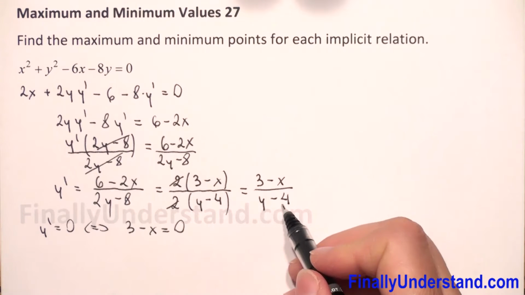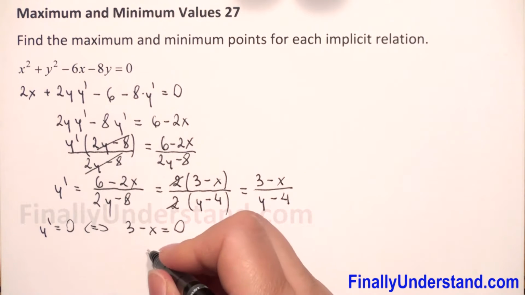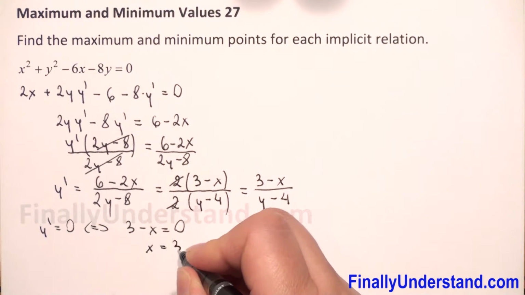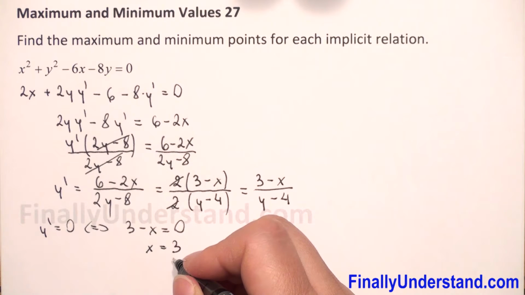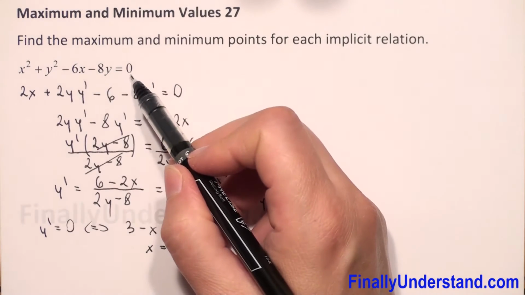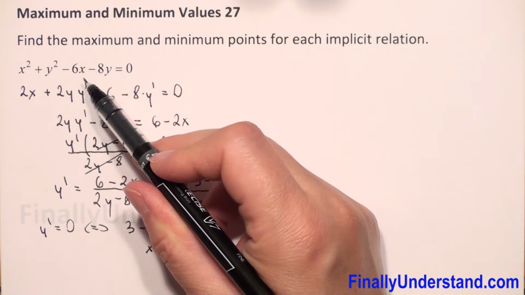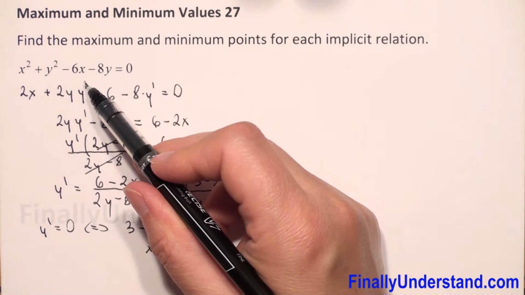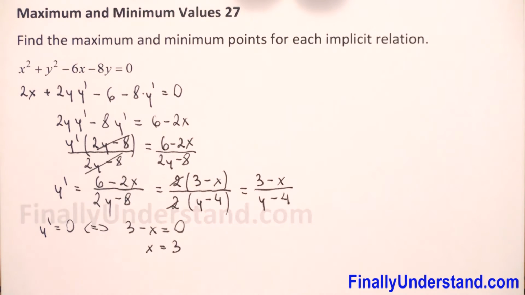Why? Because the denominator cannot be 0. So we have x equals 3. Now when we have x, we come back to our original function and we can find the y coordinates. So we will have points of 0 slope.